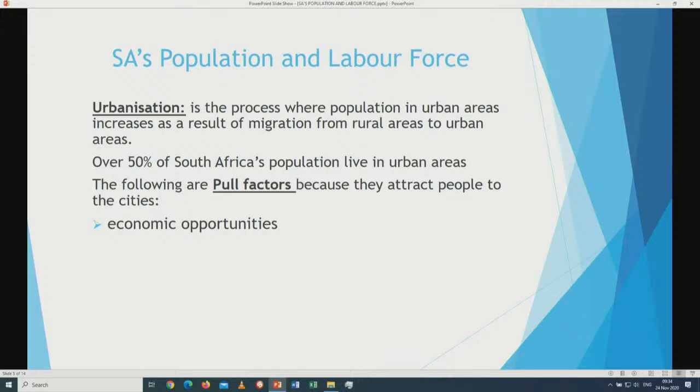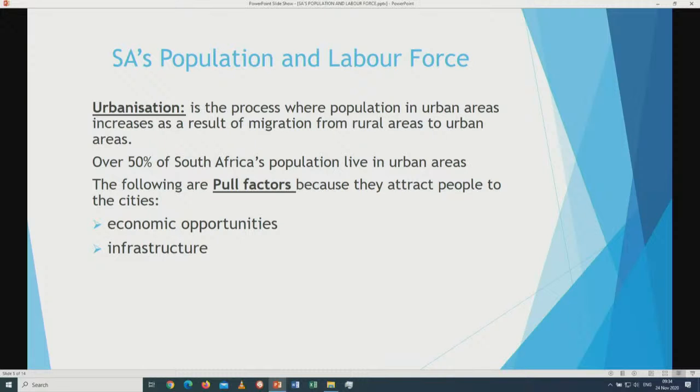That's why people are moving, because they cannot get jobs in rural areas because of very few economic activities. That's why they move to urban areas where there is a concentration of economic activities, which will make it possible for people to get employed there. So because of economic opportunities, people move to cities and towns.